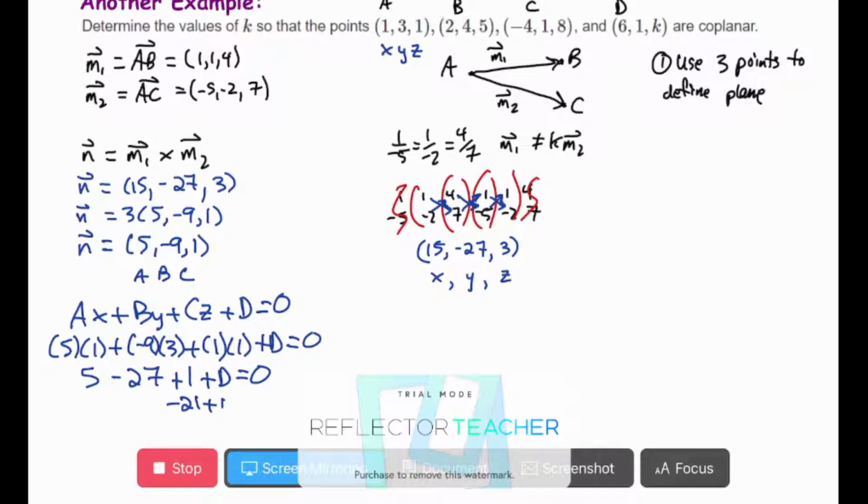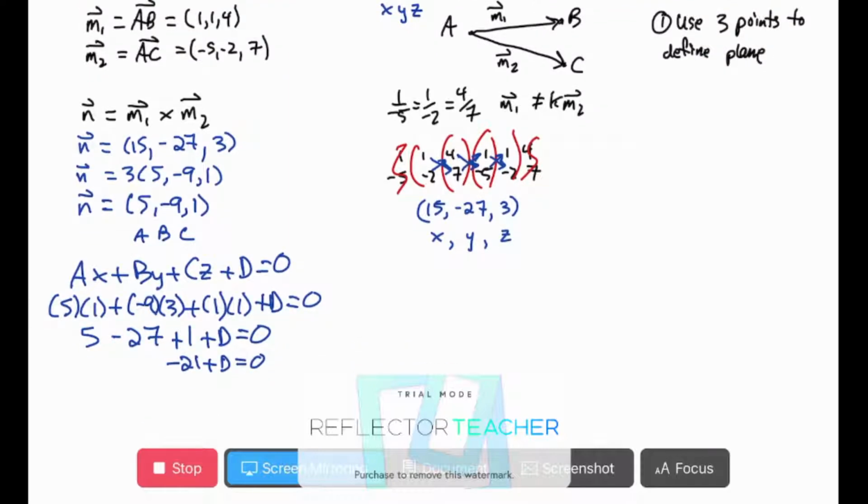Negative 21 plus d equals 0, or d equals 21. Therefore, our equation is a was 5, b was negative 9, c was 1, d was 21. So we found our equation.